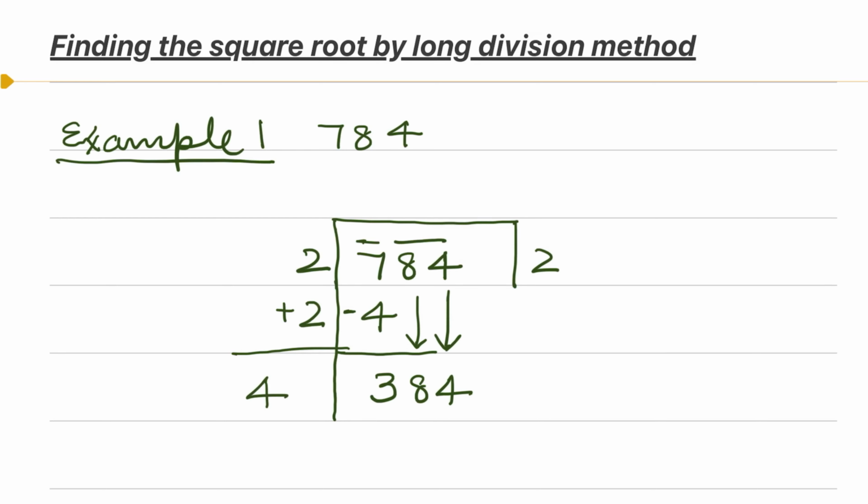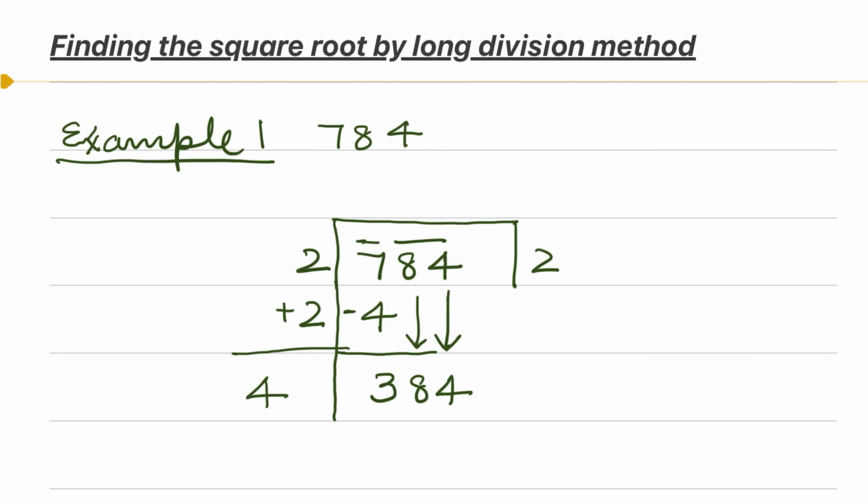And I leave the space for the ones or the units digit. Now I have to put my ones digit such that if I multiply 40-something with that units digit, it becomes less than or equal to 384.